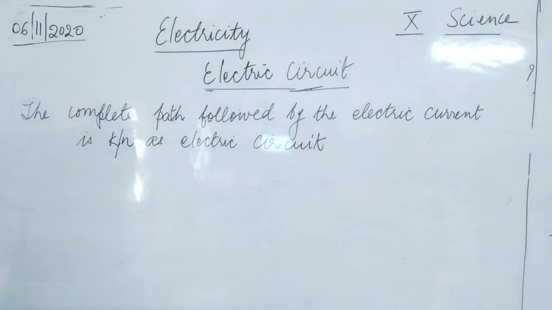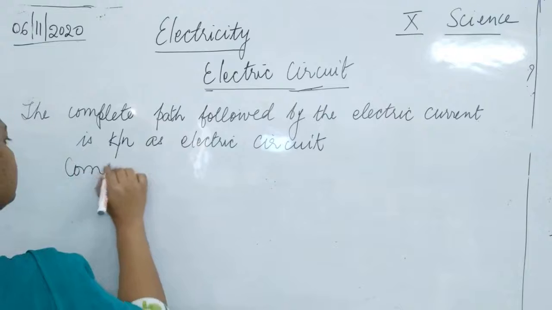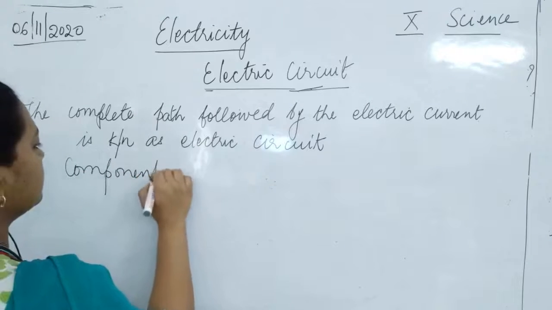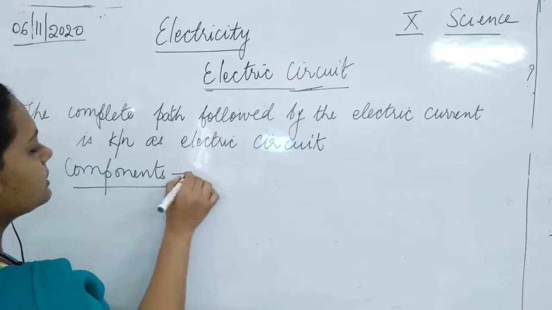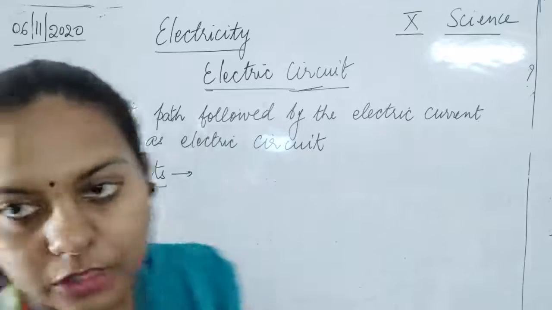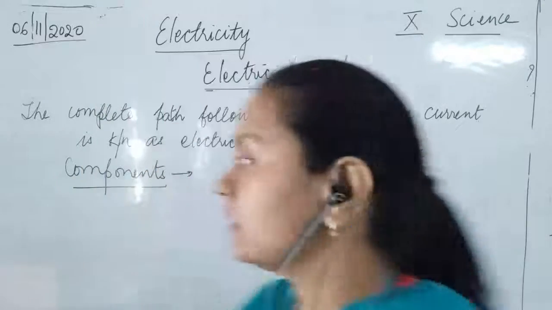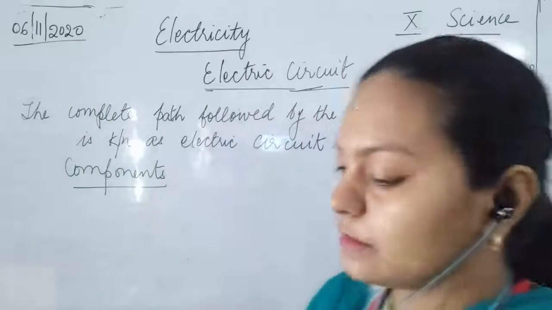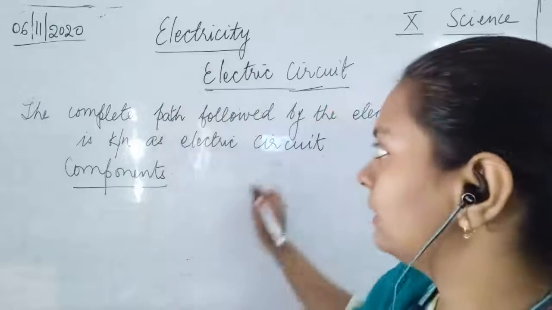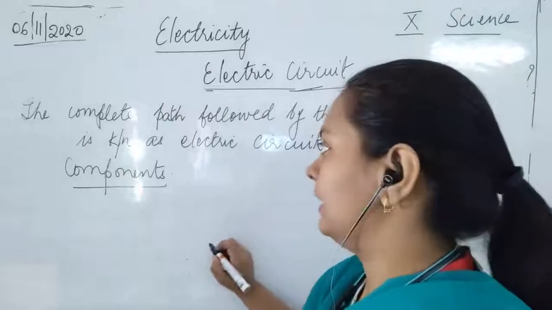Now, for this we need to understand the components of a circuit. What path is going to be followed? What are the components of a circuit? How is the circuit made up? It is a complete pathway which is followed by the electric current.